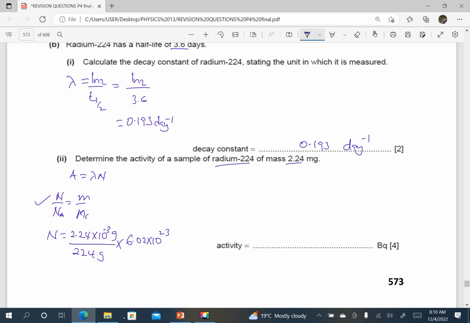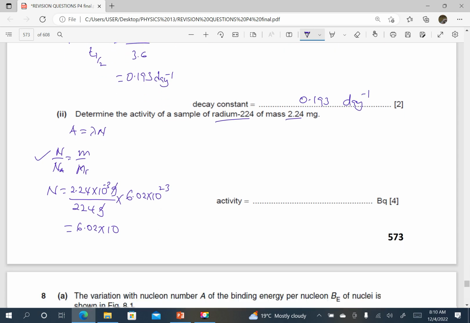I just made N the subject here. Since grams have cancelled, let me check here. From my calculator, this is 6.02 times 10 power 18. But that's not the answer here.